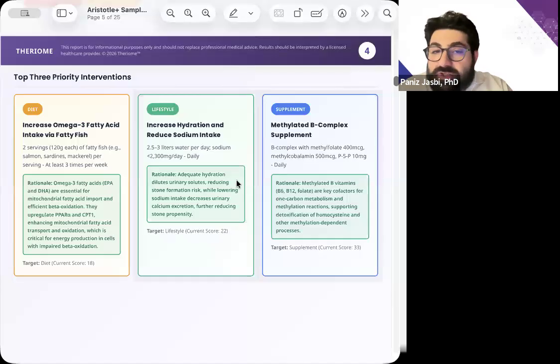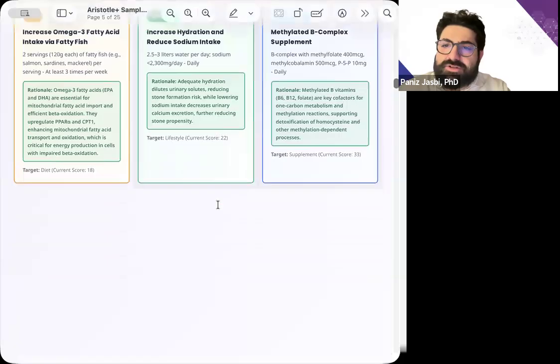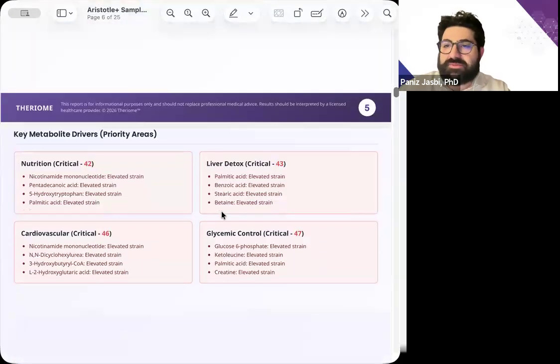Here you will see an omega-3 fatty acid fish intervention, a hydration sodium reduction intervention, and a methylated B complex intervention. And each includes a rationale and a target category score, which helps you understand which pillar is most limiting for this patient.